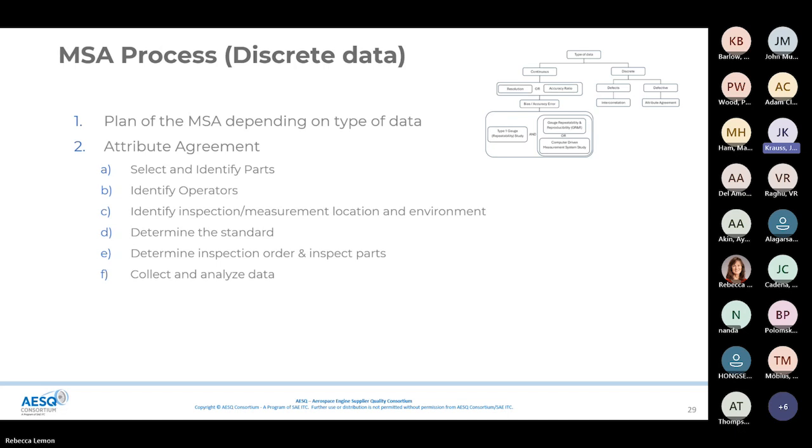What is the master standard for assigning a value, let's say 1 through 5, to a product? Step 5 then is determining inspection order and inspecting the parts with the operators. And 6 is, as the study organizer, collecting and analyzing the data.